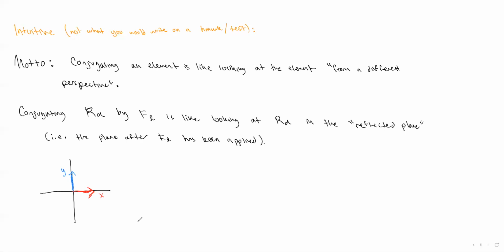So I'm drawing the two basis vectors of the plane, and any linear map is determined by how it acts on these vectors. So in particular for FL, what does it do to these vectors? So this is my line L. So if I apply FL, I get this.